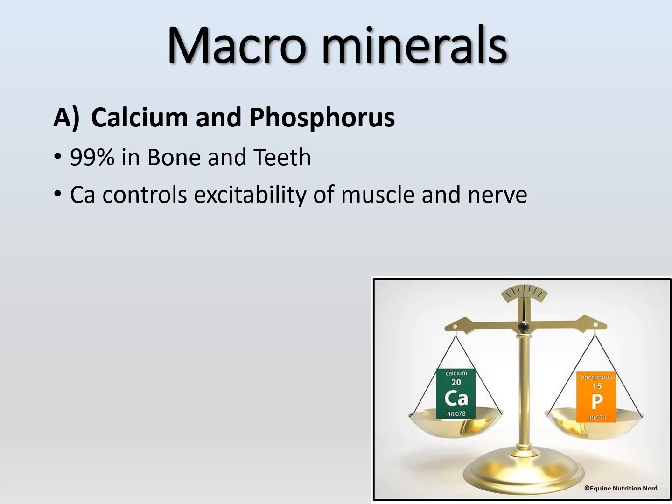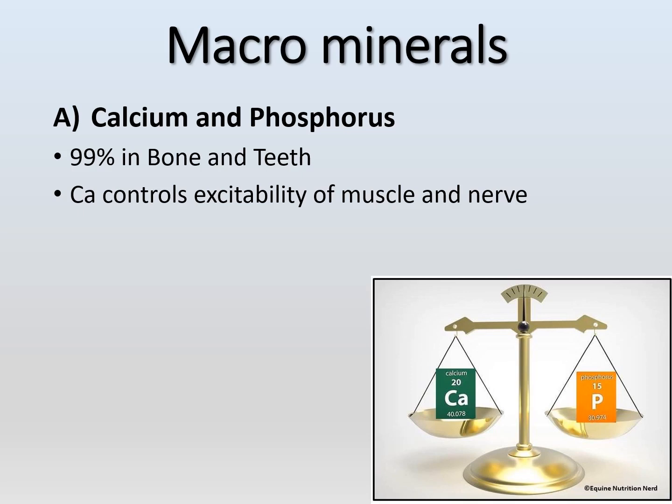So about 99% of calcium and phosphorus in our body lives in our bone and teeth. So that's where we physically find our calcium and phosphorus. And so then we can take from that source of calcium and phosphorus for other things as well, because calcium also controls the excitability of our muscles and nerves.